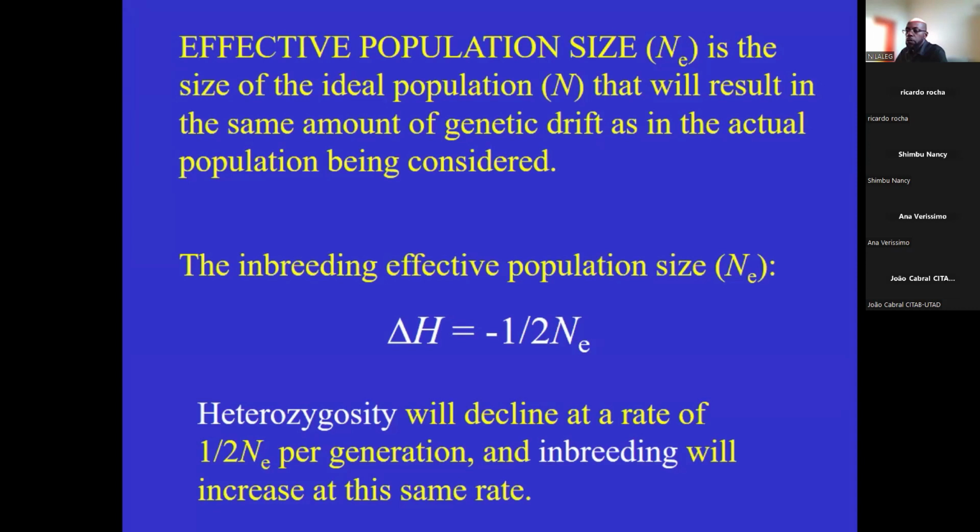So heterozygosity will go down 1/2n, and homozygosity will go up. And as Sewall Wright said, Ne is whatever we have to put in this equation to make it work. So if we go out and look at a real population and look at the decline in heterozygosity, by definition, Ne is whatever we have to use to make that amount of heterozygosity decline.